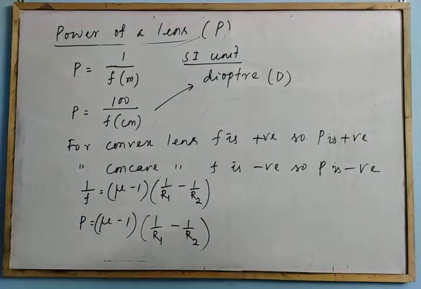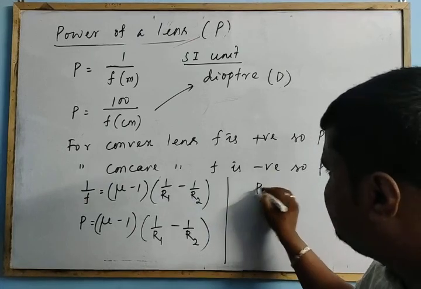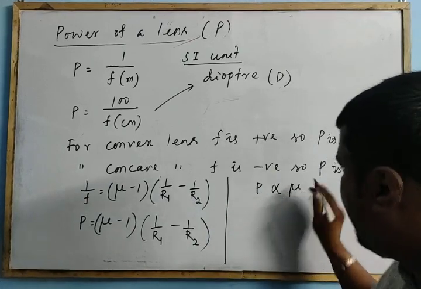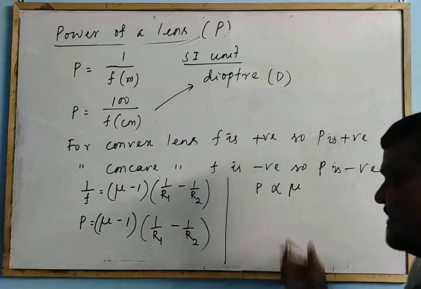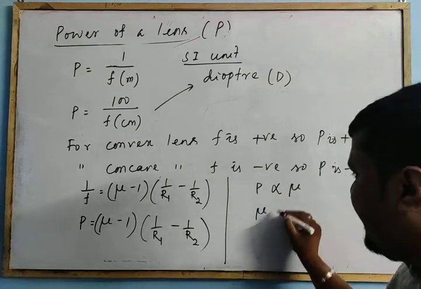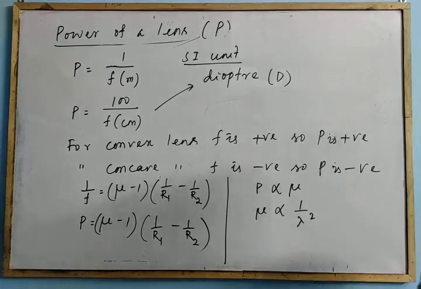And remember one thing: the power of the lens is directly proportional to the refractive index of the material of the lens. And as you know, according to Cauchy's formula, the refractive index is inversely proportional to lambda square.